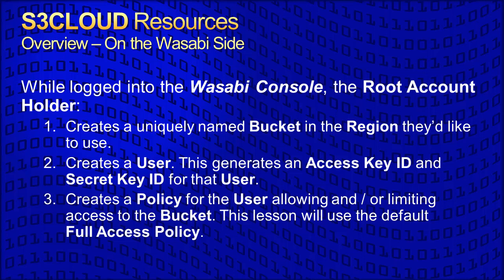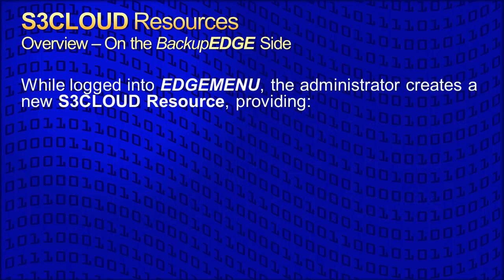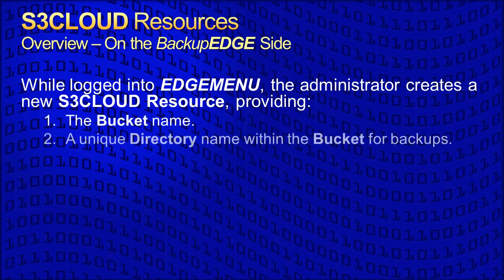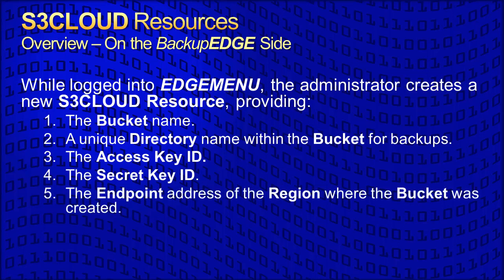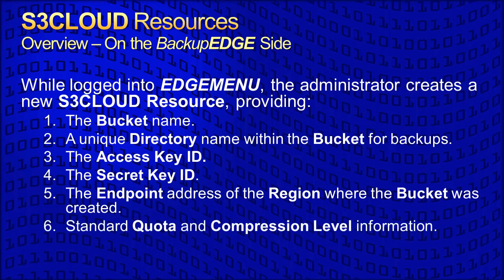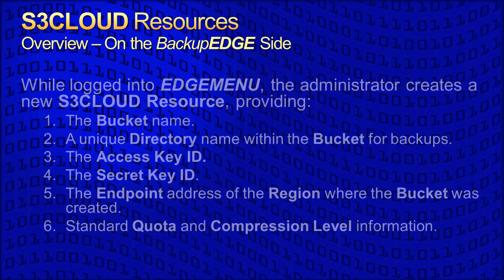This lesson will use the default full access policy. Then, BackupEDGE may be configured through Edge menu. While logged into Edge menu, the administrator creates a new S3CLOUD resource, providing the bucket name, a unique directory name within the bucket for backups, the access key ID, the secret key ID, the endpoint address of the region where the bucket was created, the standard quota and compression level information.